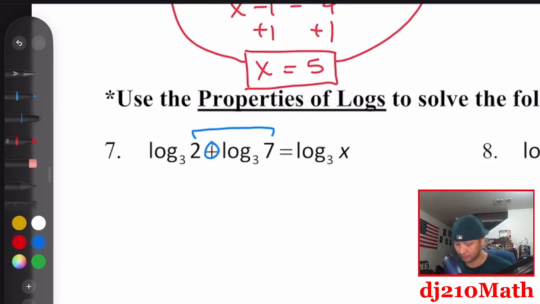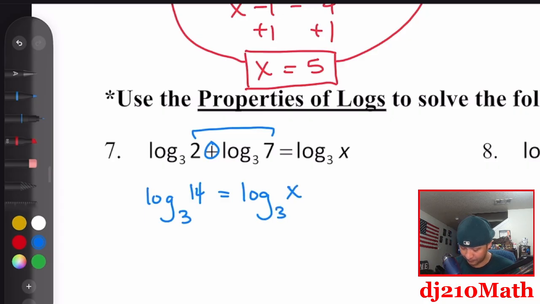Product plus, so log base 3, 2 times 7 is 14. This is equal to log base 3 of x. Oh, that's nice because look, 14 and x. x is equal to 14. And that's because log base 3 is on both sides, right? We don't care about the log base 3s anymore. We're looking at x is equal to 14.